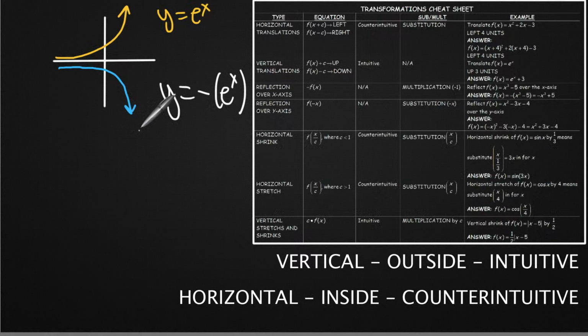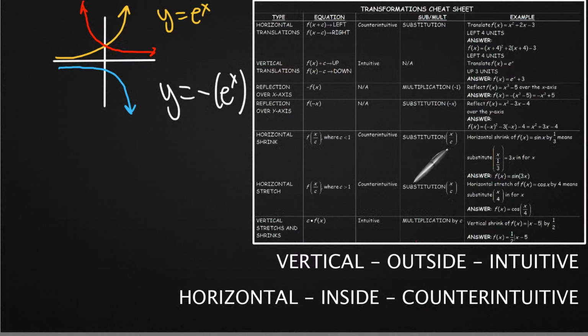Now, let's say that I want to reflect this yellow function across the y-axis so that it now looks like the red function. So I want to flip it over the y-axis. Now notice the direction my pen is going. This is horizontal movement. So horizontal movement is going to be inside with the x.